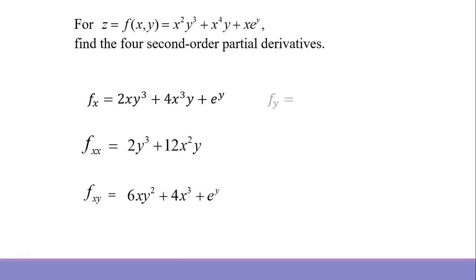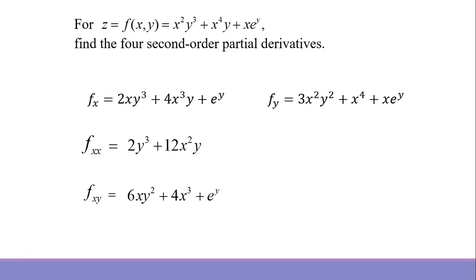To get the other two, we'll have to take a partial derivative of our function f with respect to y. So back up to the top. In our first term, x squared y to the third, x squared is considered a constant times the derivative of y to the third, which is 3y squared.